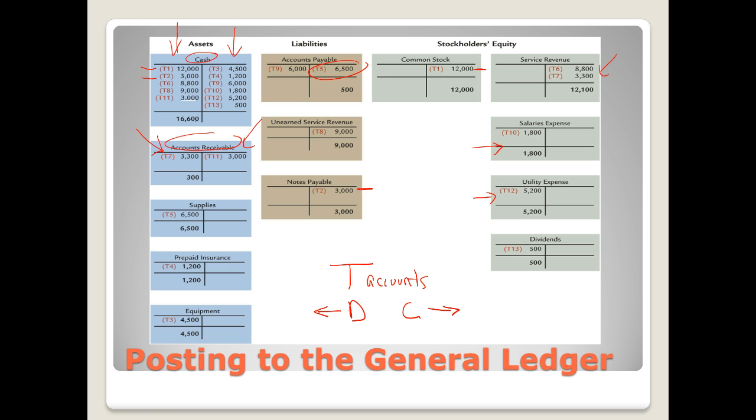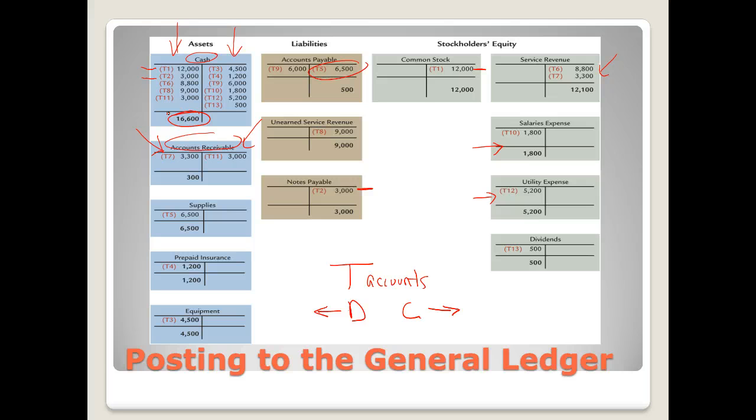There was an associated $19,200 in credits. So if we take the $35,800 in debits minus $19,200 in credits, we would come up with a debit balance, because there are more debits than there are credits, a debit balance in cash of $16,600.